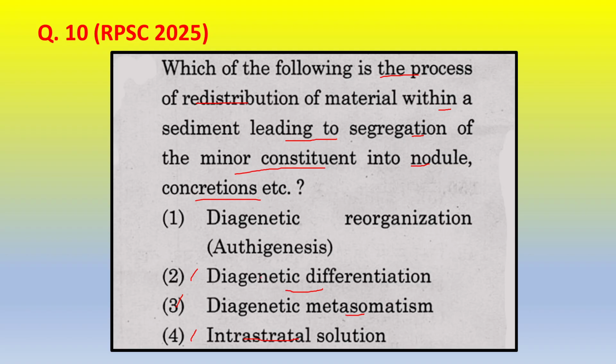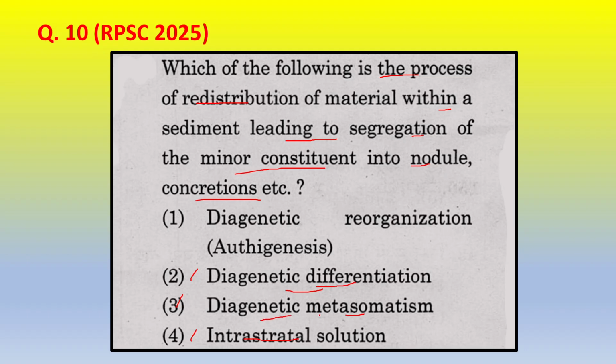Next is diagenetic differentiation. Diagenetic differentiation refers to the process where mineral or rock compounds undergo distinct diagenetic changes and segregate. Okay, in diagenetic differentiation what happened? Minerals segregate.